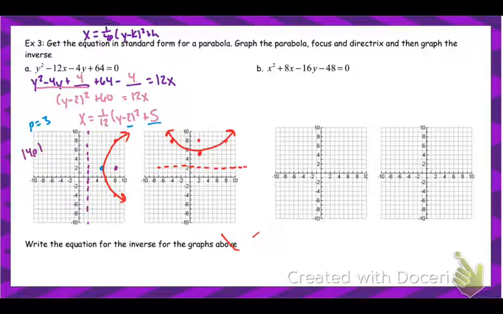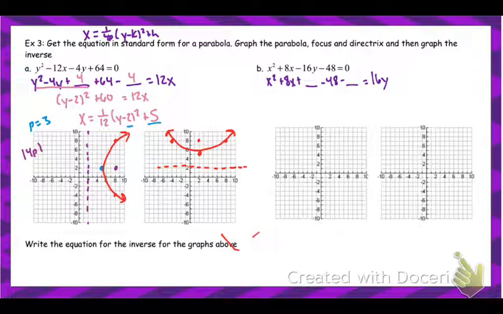All right, last one. If you feel comfortable, pause the video, try it on your own. All right, so what we're going to do here, I'm going to rearrange this. I'm going to move that y to the other side because I know this is going to be a vertical parabola and y is going to need to be by itself. So x squared plus 8x plus blank minus 48 minus blank equals 16y.